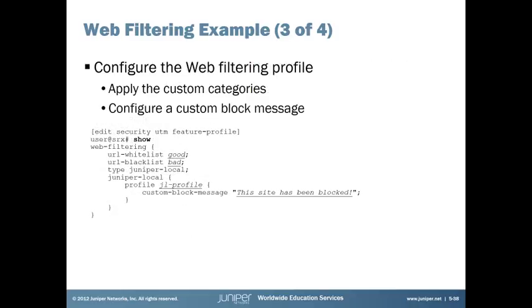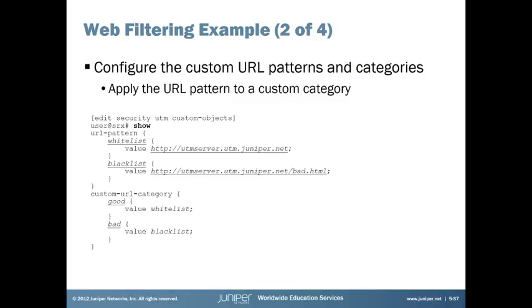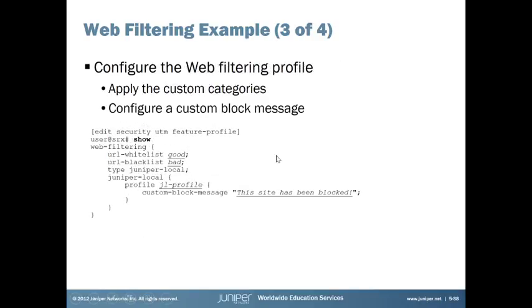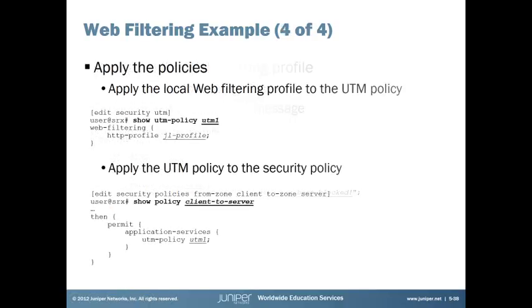So what have we got set up there? We've got utmserver.utm.juniper.net and utmserver.juniper.net bad HTML. Okay, there we are. There's our block message.